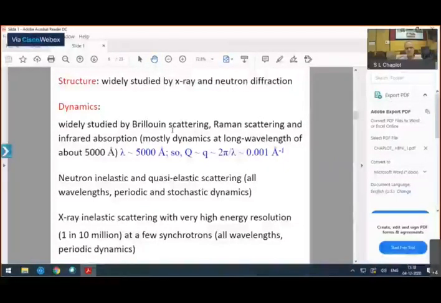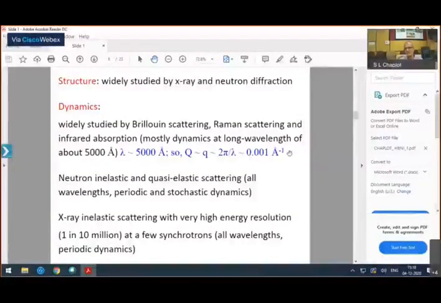But here the major limitation is that the wavelength of the incoming radiation is typically of the order of 5,000 angstroms. When that is the wavelength, the corresponding wave vector transfer, of the order of 2 pi by lambda, is 0.001 angstrom inverse.